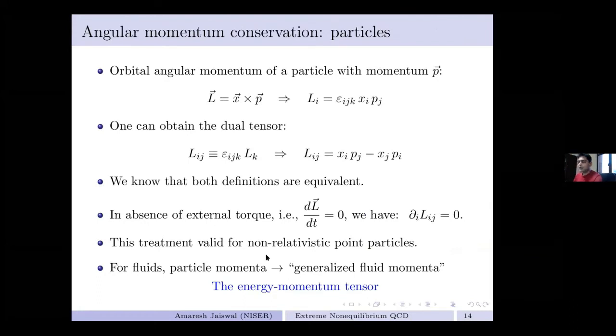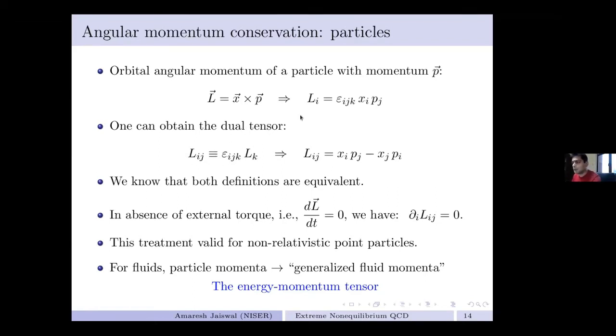Okay, so before we go into angular momentum of fluids, let's first quickly go through the orbital angular momentum of a particle and angular momentum conservation of particles. So L is x cross p, we know this. One can look into the components of the angular momentum L in terms of the Levi-Civita symbol epsilon ijk, and then one can form the dual of that.